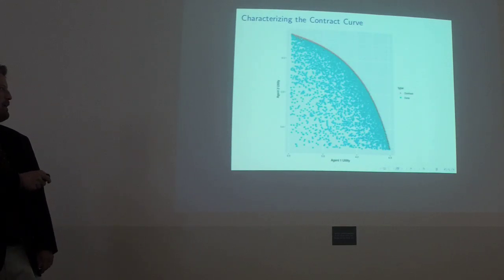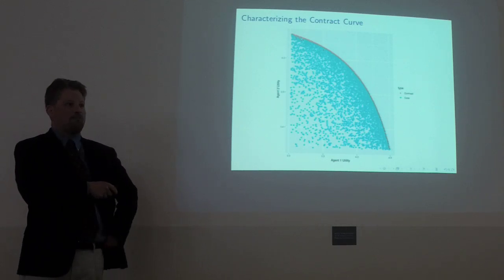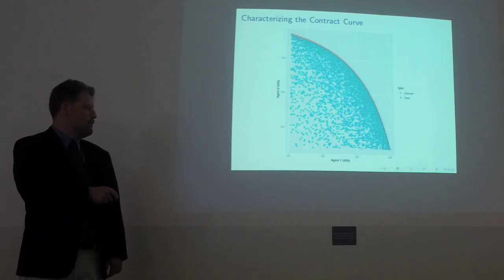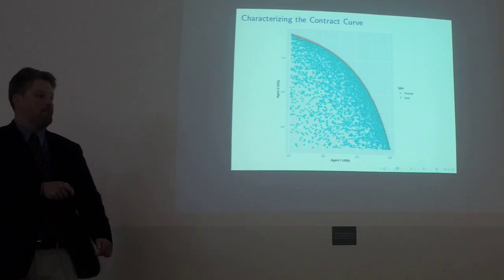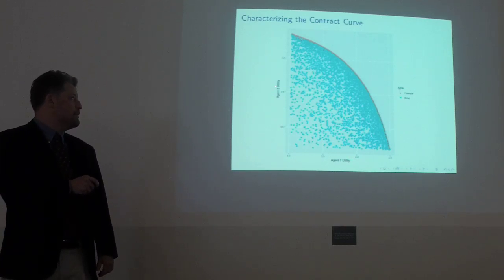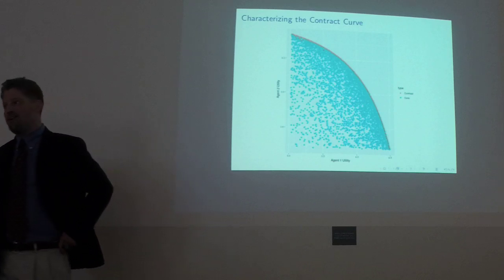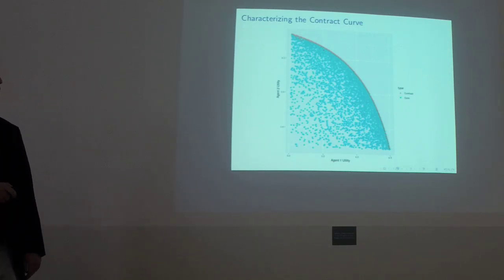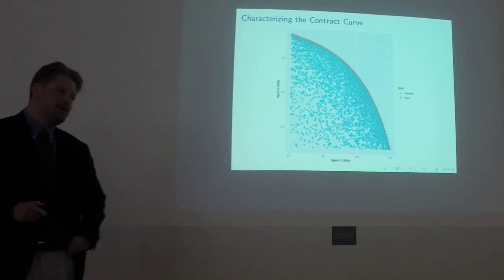That's what this means. What I've done is taken that sampling over the allocation space, and instead of plotting the bundles, I've plotted the utility of agent 1 against agent 2. You'll notice that this forms a natural boundary.